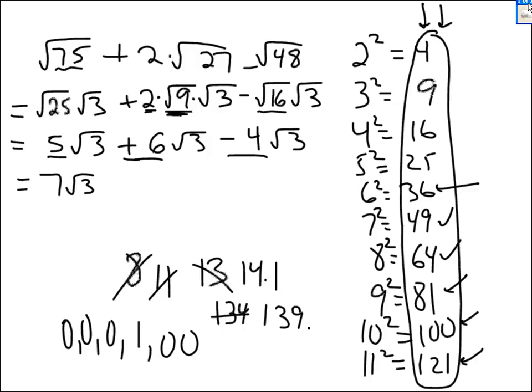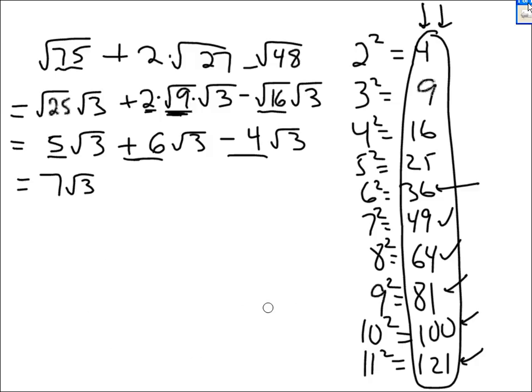Now, why am I saying this right here? Well, I'll hear students say, and they're right next to me, I'm working with them, they'll say the square root of 25 is the square root of 5. Now, you and I both know that's how you write 5 down.